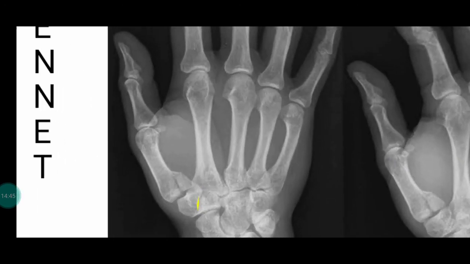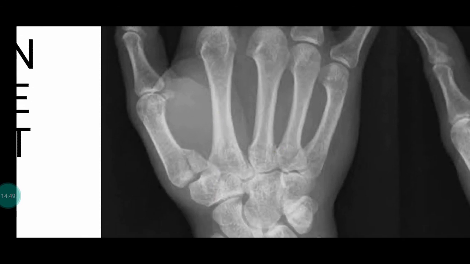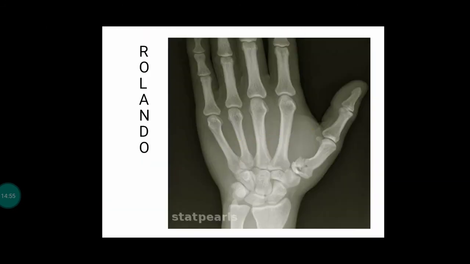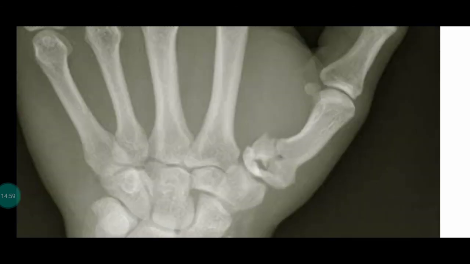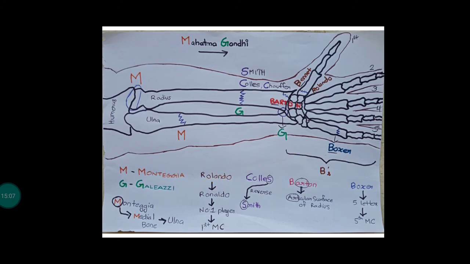So in this case, as you can see, there is a fracture line at the base of the first metacarpal with the dislocation of the joint. Okay. This is a Rolando fracture. As you can see here, there is no dislocation of the joint, just a fracture only at the base of the first metacarpal. This is Rolando fracture. Next, we shall learn about the last one, that is Boxer's fracture.